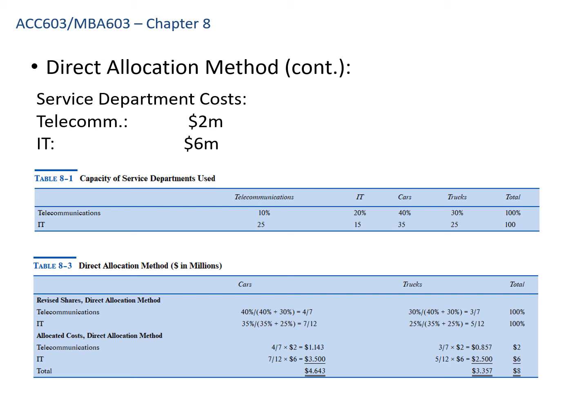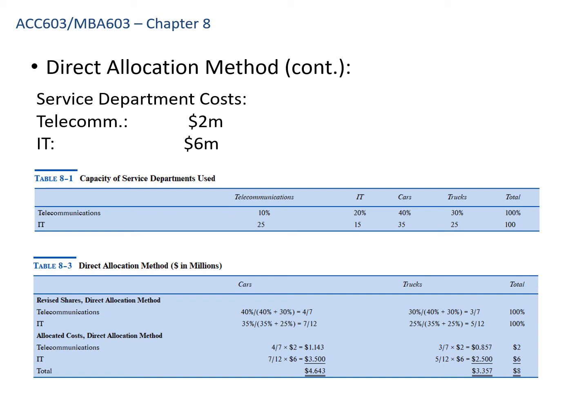It's important it adds up to 100. And then the IT department provides 25% of its services to telecom, 15% to itself, and then 35 and 25. So when we do direct allocation, we're going to ignore the percentages for the other service department and for themselves.